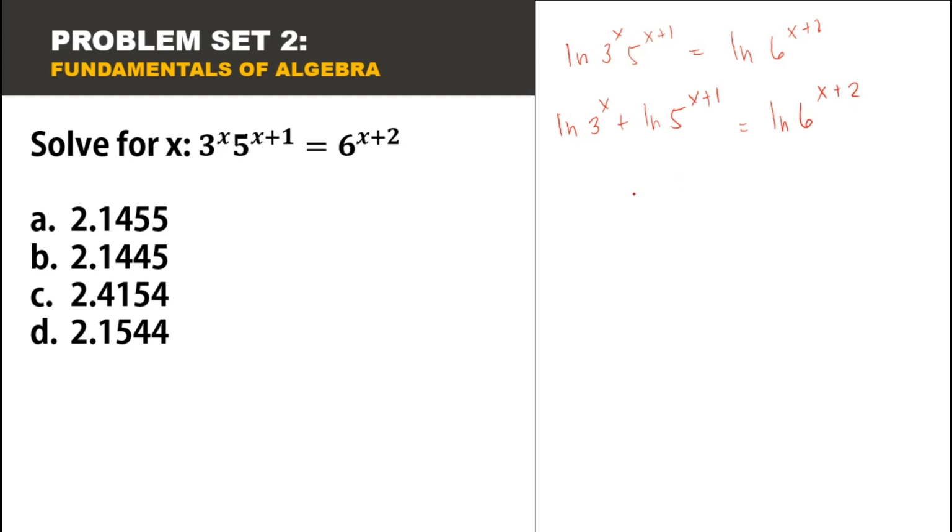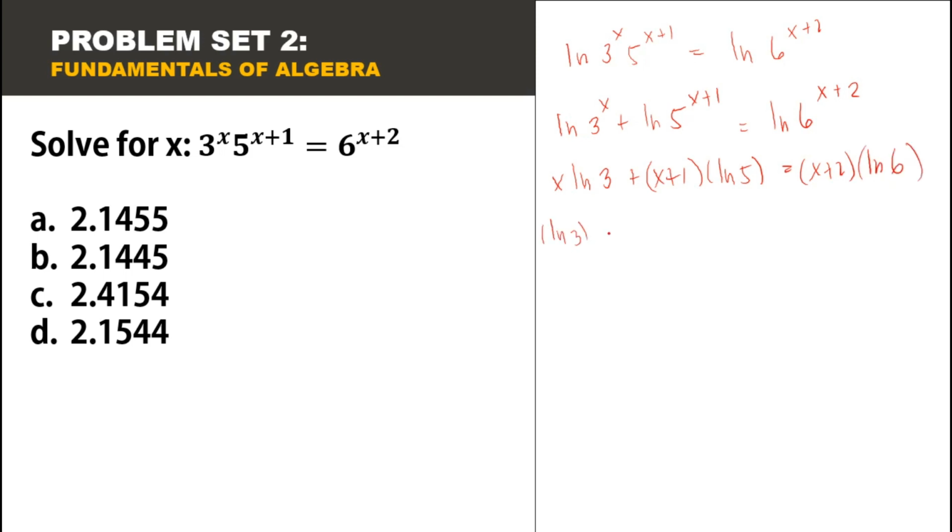From the laws of logarithm again, we bring down the exponent, so we have x ln 3 plus x plus 1 times ln 5 equals x plus 2 times ln 6.